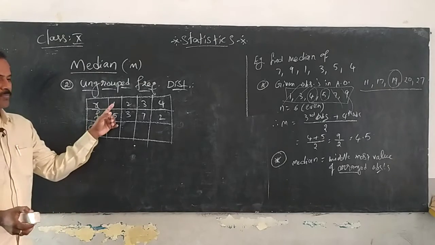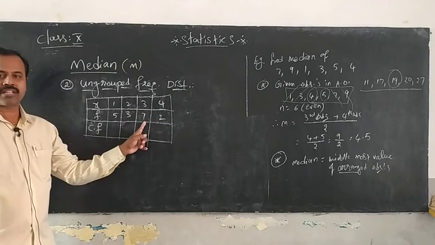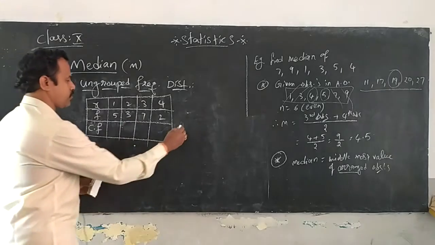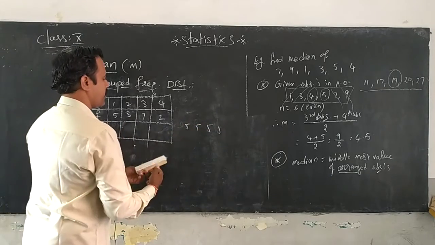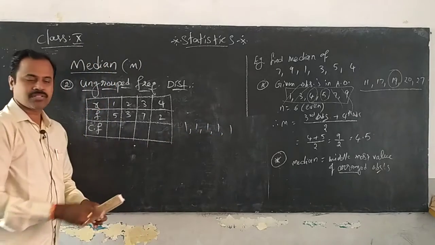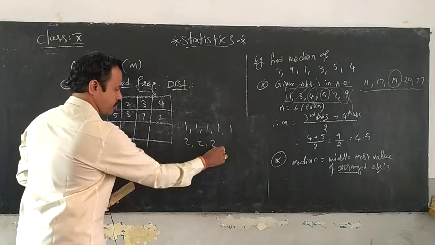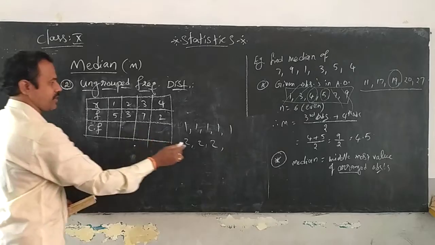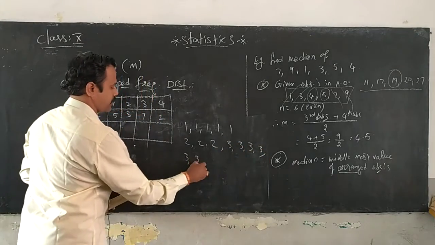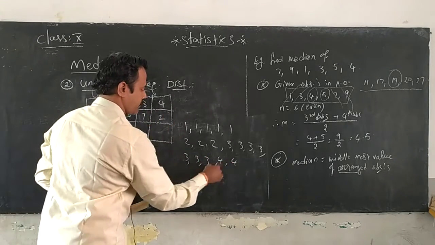So 1 is repeated 5 times, 2 is repeated 3 times, 3 is repeated 7 times, and 4 is repeated 2 times. That means you write all the values: five 1s, then three 2s, then seven 3s, then two 4s.